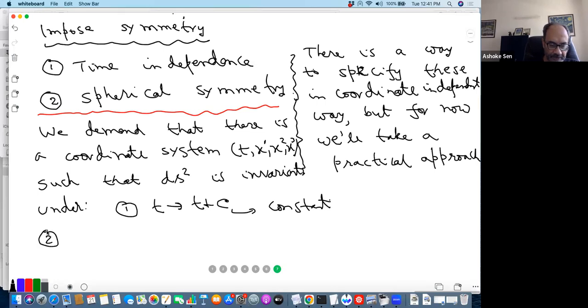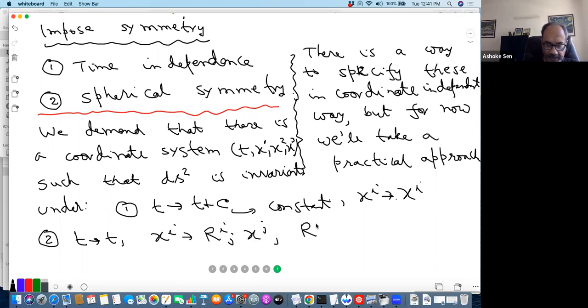And second, t goes to t and xi goes to R ij xj, where R is an orthogonal matrix, R transpose R equal to identity. So these are constant matrices satisfying this.